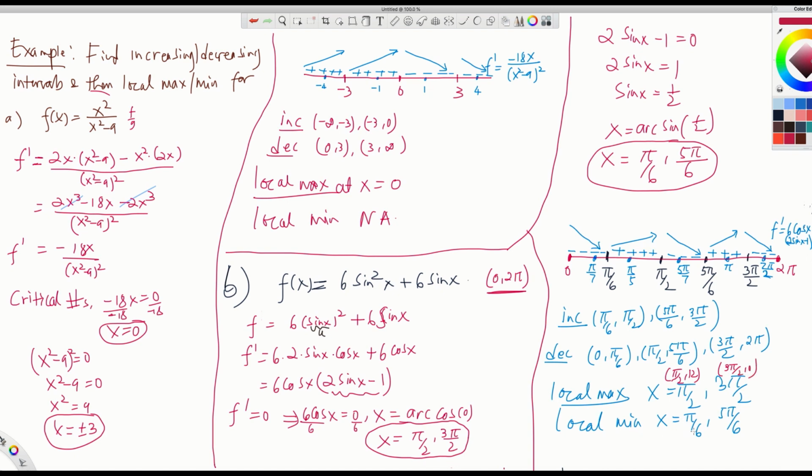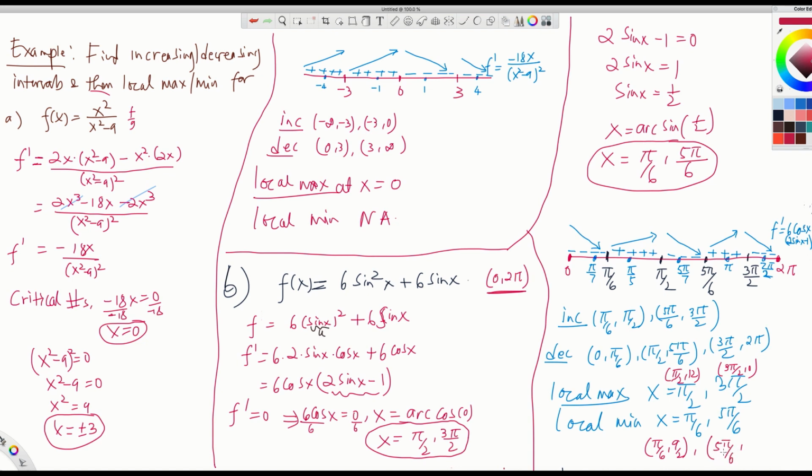Similarly, plug in pi over 6. How much is that? Sine pi over 6 is 1/2, square is 1/4. 6 times 1/4 plus 6 times 1/2. So that means 6 over 4, that is 3 over 2, plus 6 over 2. So 6 over 2 plus 3 over 2 is 9 over 2. So you can write like this, pi over 6 comma 9 over 2. Similarly, you find 5 pi over 6 comma.